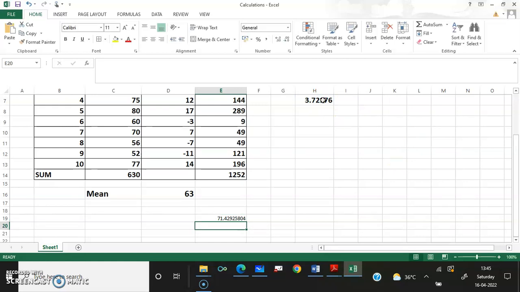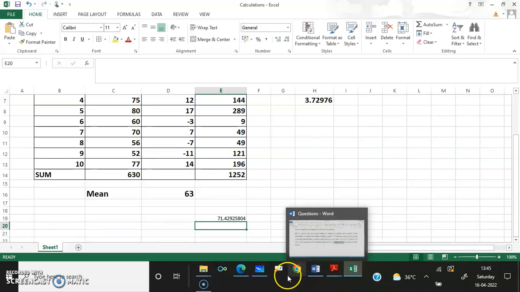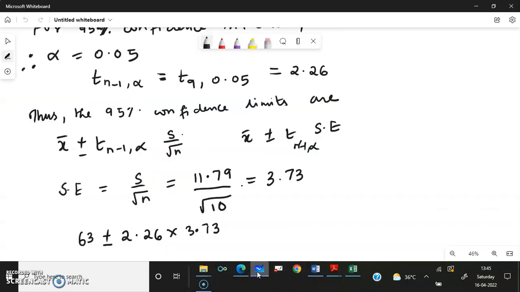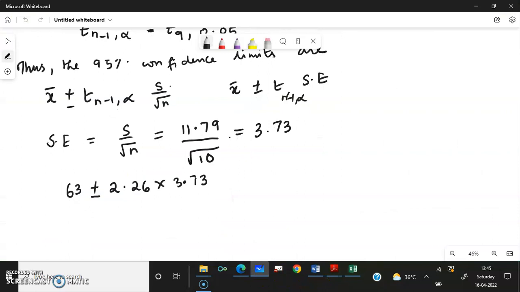What did we get? 71.43. The upper limit is 71.43.